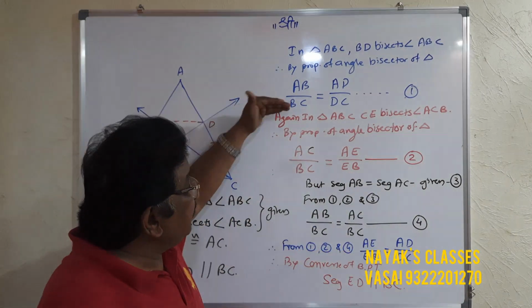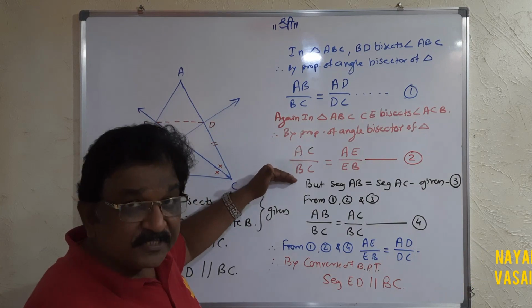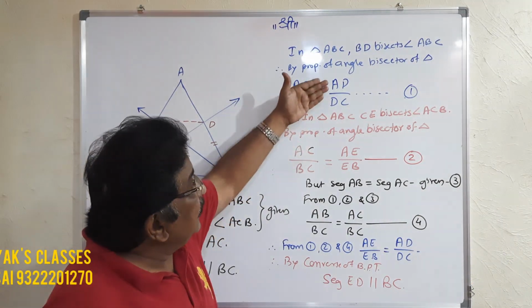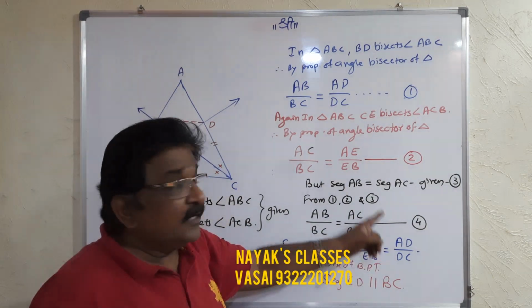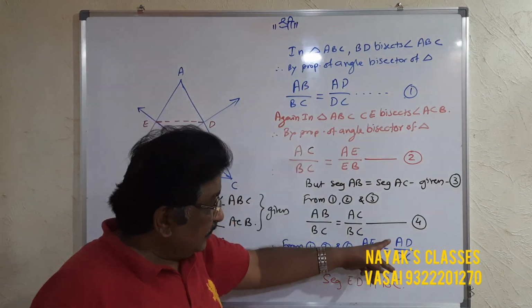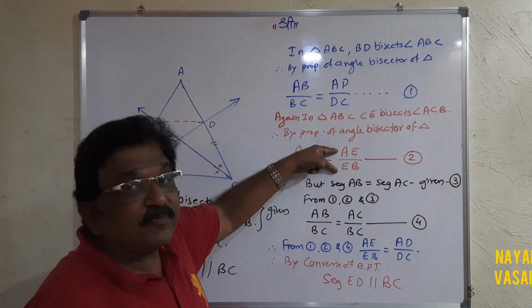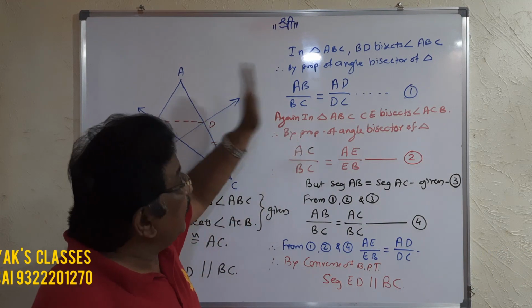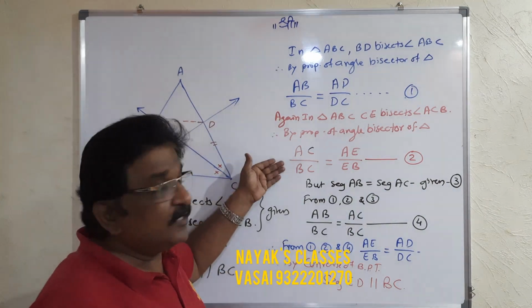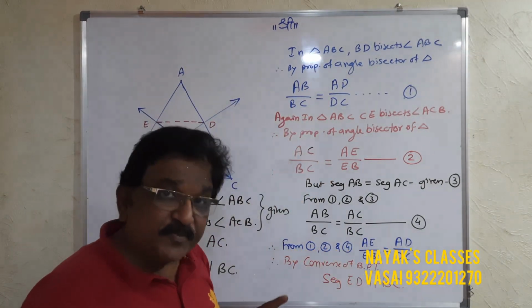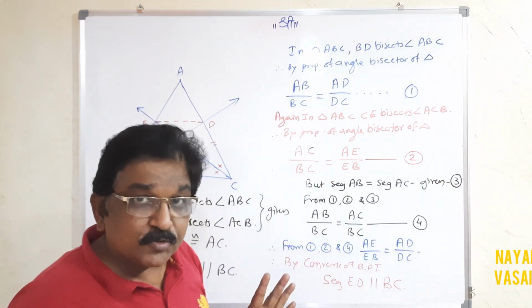If AB upon BC is equal to AC upon BC, then definitely AD upon DC must be equal to AE upon EB. When left hand sides are equal, the right hand sides must be equal. Understood?